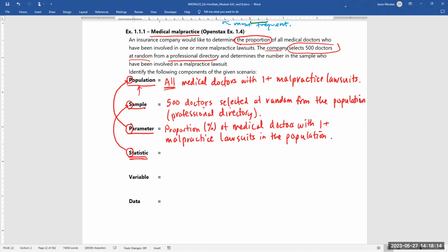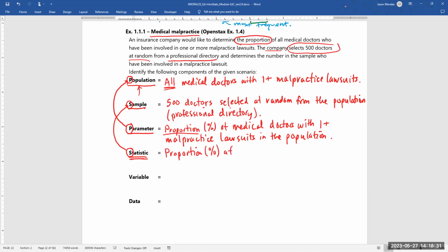So the statistic that we're interested in is going to be the same descriptive statistic. We're interested in the proportion of a population, and we're also interested in the proportion of a sample.